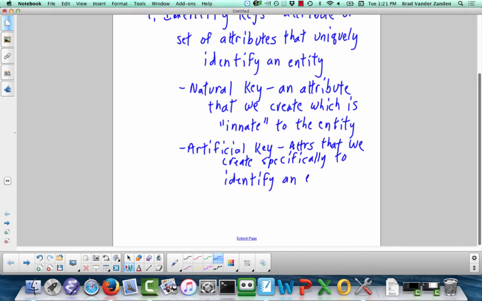Those are things like social security number, personnel number, branch number, lease number, contract number. Those are compact, typically numeric, so they can be represented typically in an 8-byte field, and they are guaranteed to be unique.